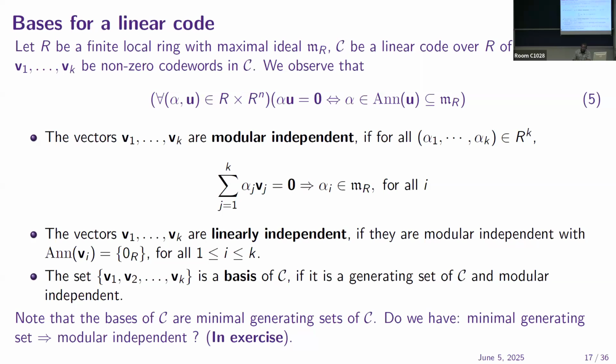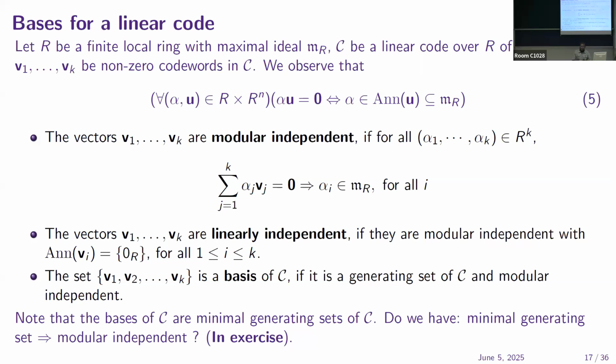When v1, ..., vk is linearly independent and modularly independent with the annihilator of vi being the singleton 0 for all i, the set v1, v2, ..., vk is the basis for C if it is a generating set and modularly independent. It is both concepts: generating set and modular independence.